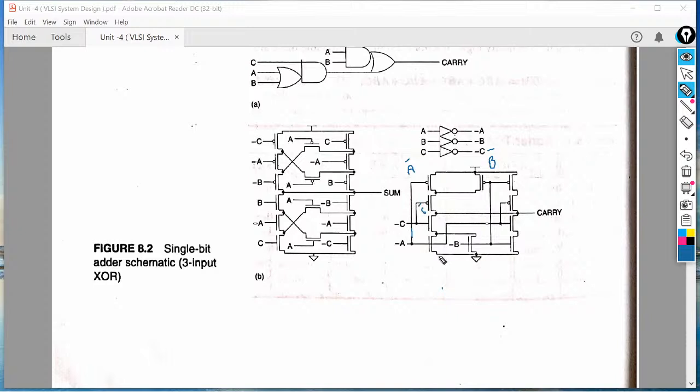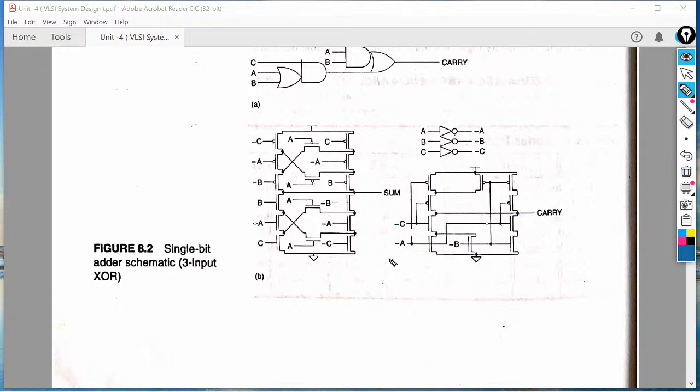And we know that the upper side is the circuitry framed by using PMOS, and the below circuitry is the NMOS representation. While we design the CMOS circuitry, it is the combination of PMOS and NMOS. So this is the PMOS representation, and its NMOS representation is represented here.